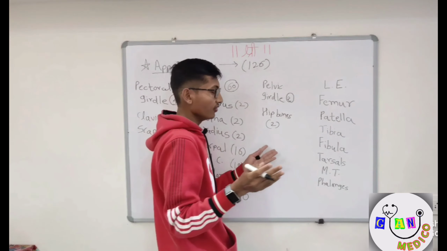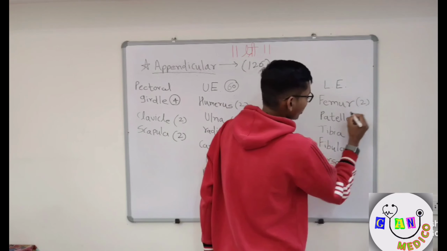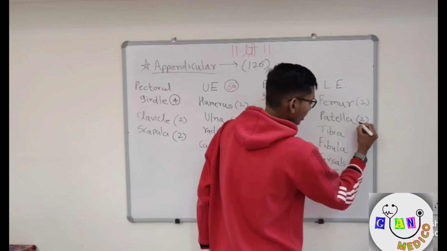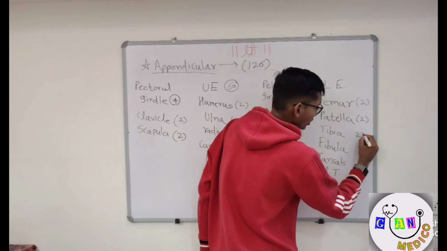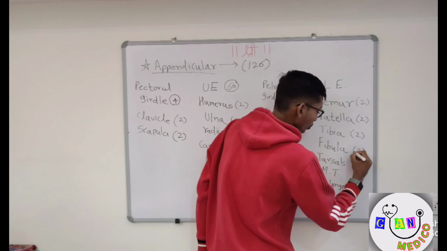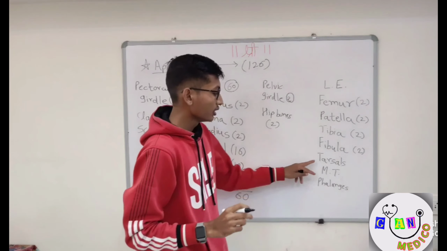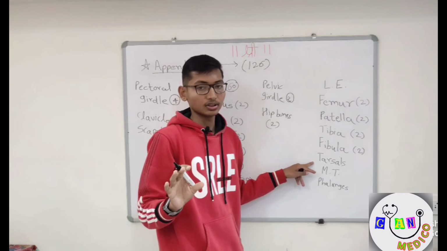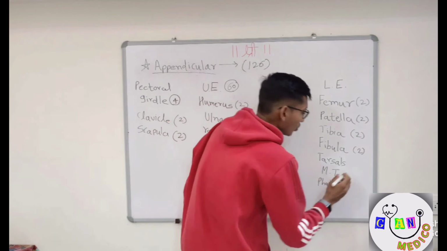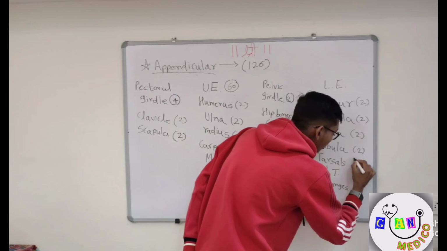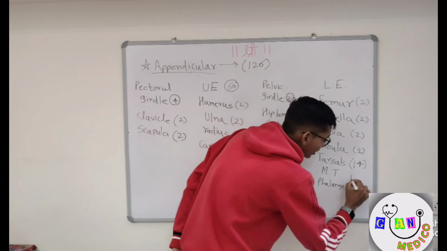Femur, right, left, so 2 in number. Patella, 2 in number. Tibia, 2 in number. Fibula, 2. Tarsals. There are 7 tarsals. So 7 plus 7, total 14 tarsals. Metatarsals are 10 in number and phalanges are 28 in number.